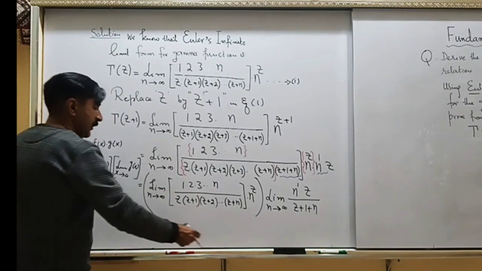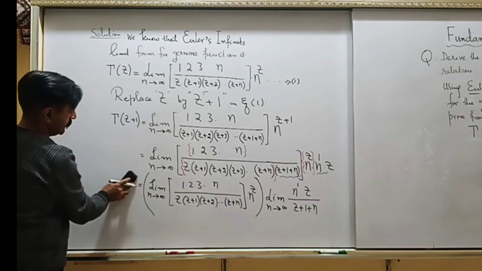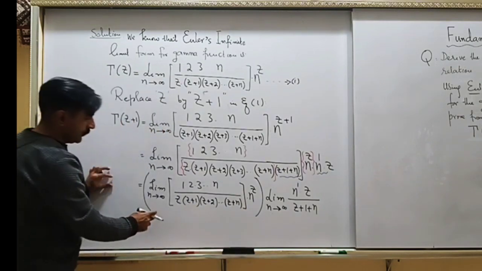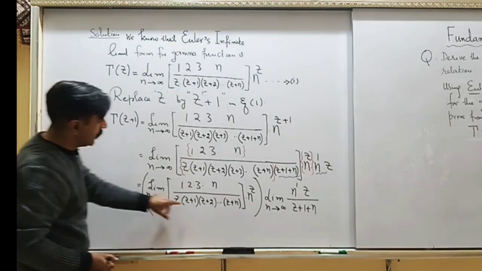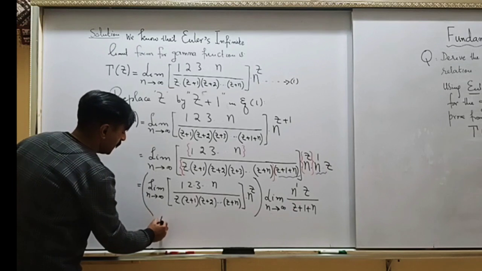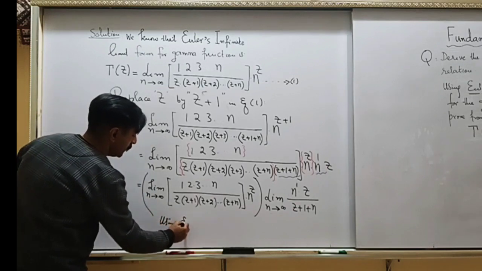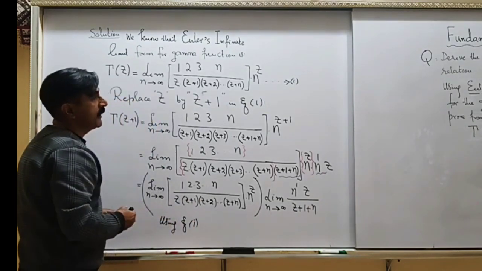Okay, so what is this now? You can use equation number 1 here. This is all gamma z. So using equation number 1, what will you get?